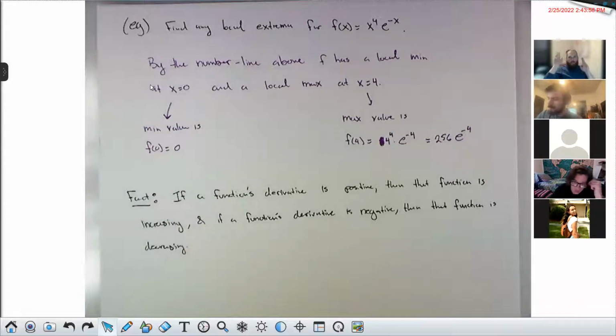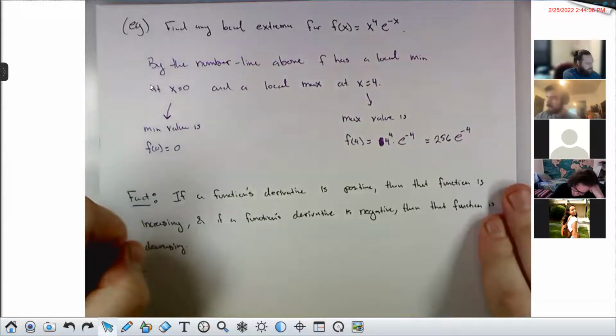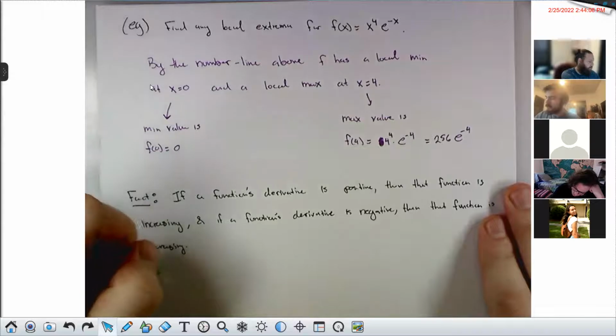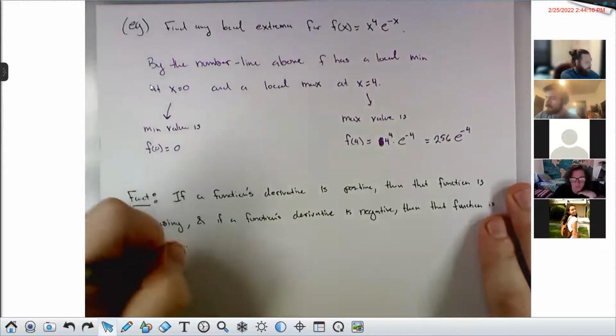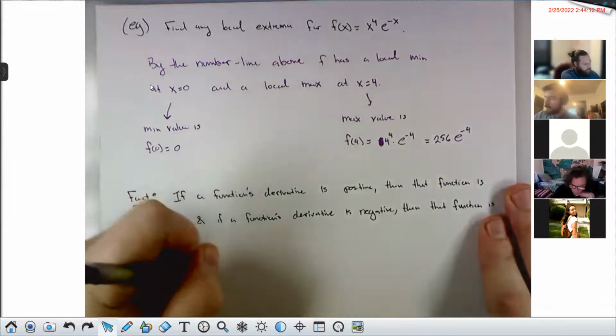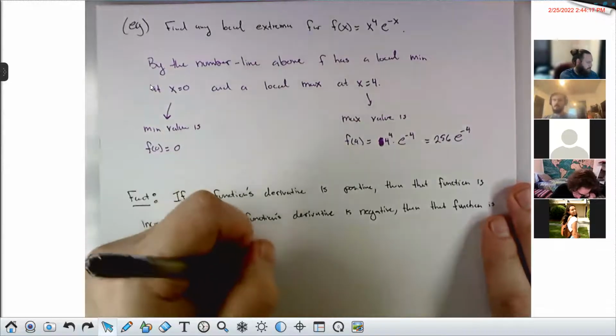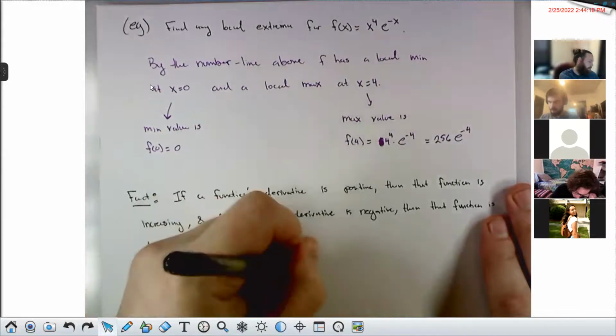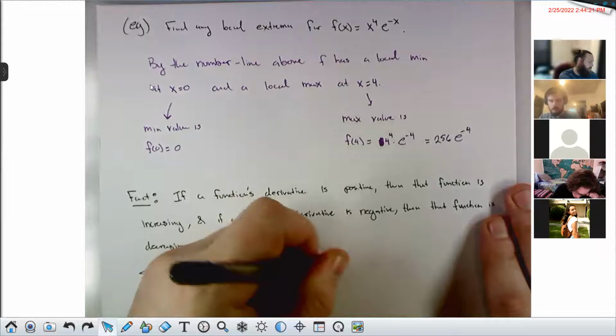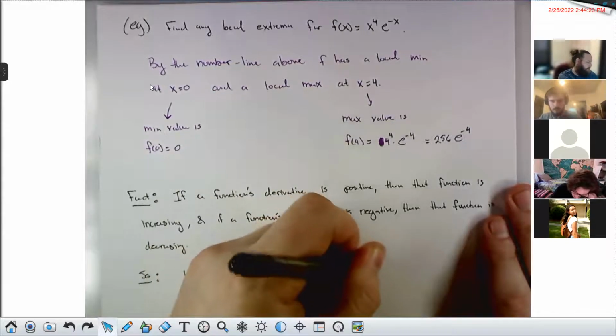So what if that function is the first derivative of some other function? This would say if f double prime of x is positive, then f prime of x is increasing.